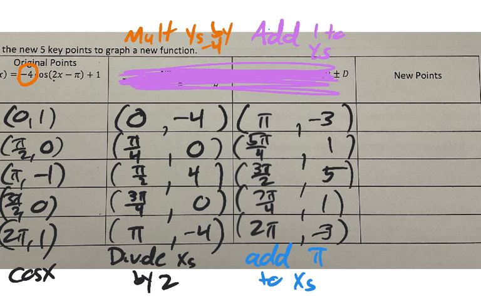We good with that? These are my critical points. If I had to graph this, I would graph these points. And that gives me one full cycle, and then I can continue the pattern.